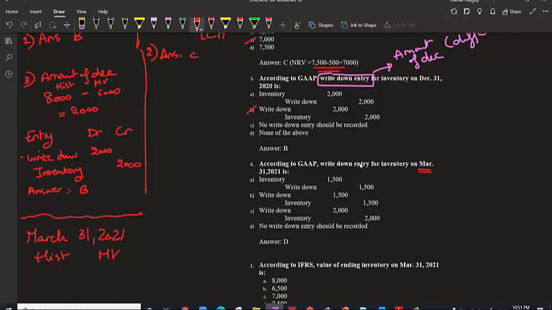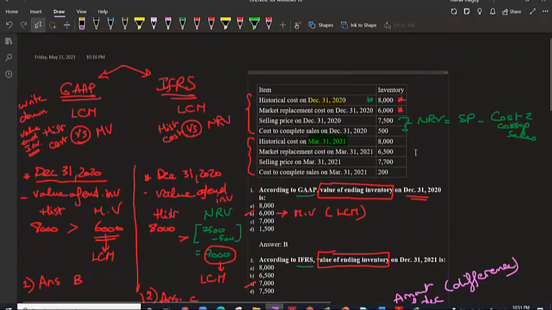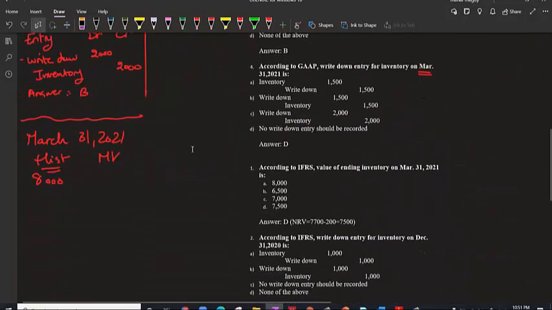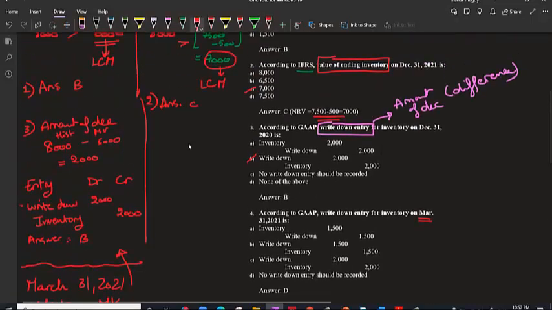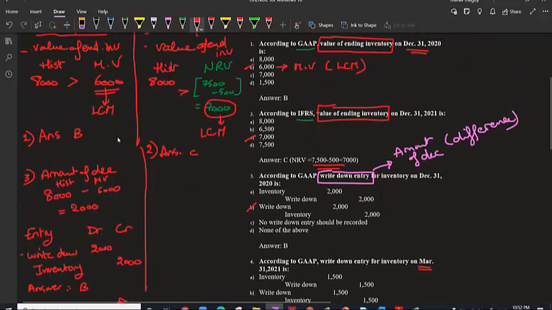The historical cost remains the same, 8,000, while the market replacement cost is 6,500. However, we have previously written it down. The current cost right now is 6,000. That is the amount that we are recording according to it.